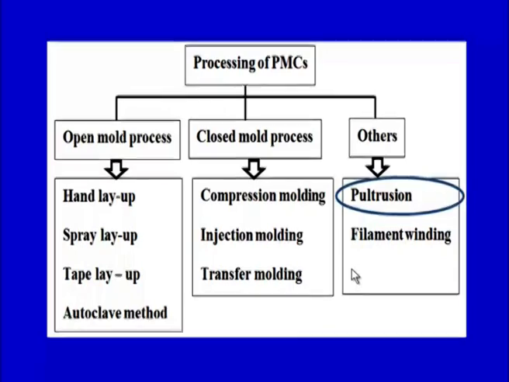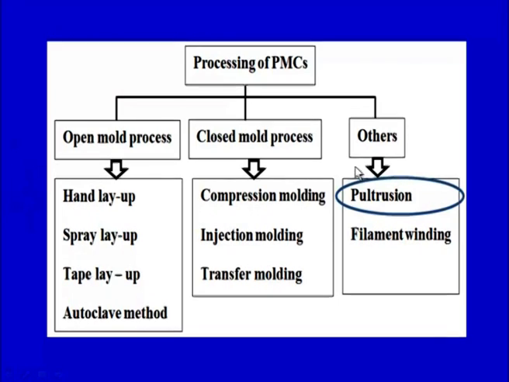First of all, let us see where the pultrusion process comes in the overall processing techniques for polymer matrix composite. As I have already told, there are three broad categories: open mold processes, closed mold processes and others. We have seen in our previous lectures two processes, the hand layup process and the spray layup process: the procedure, the application areas, and the advantages and limitations of these two processes.